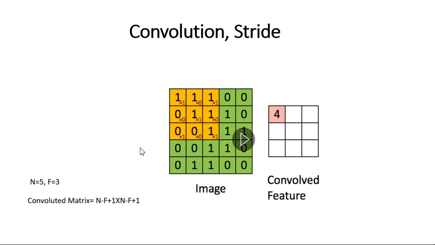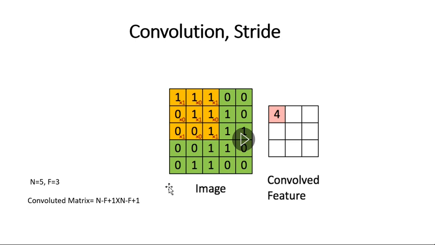In this example the size of the image is 5 by 5 and the filter size we just took as 3 by 3, and the matrix values are random values we have taken: 101, 010, 101 for the filter, and the image has these values.